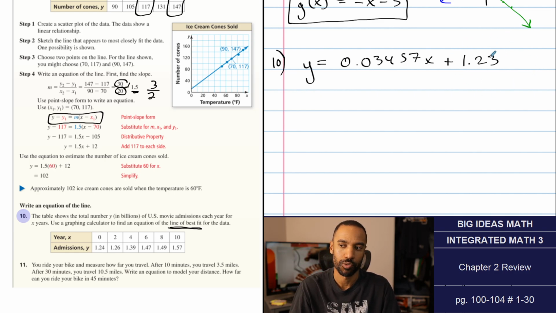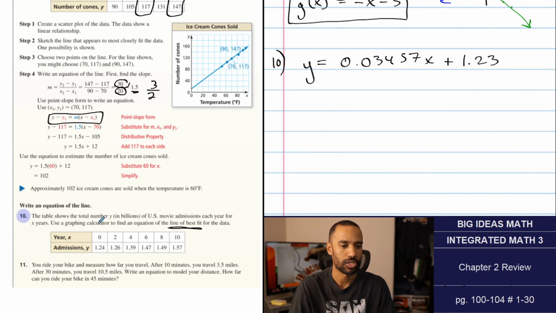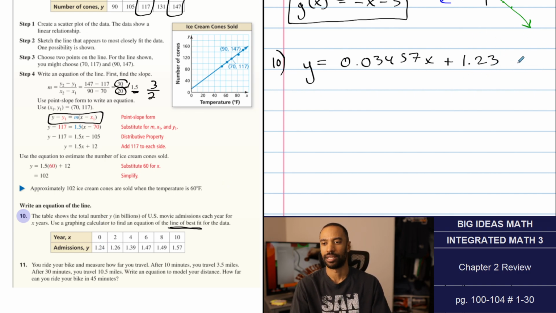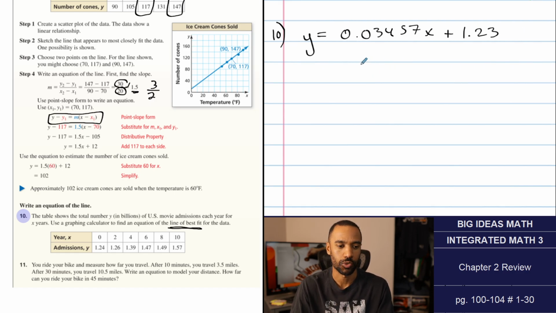The y-intercept would indicate that at year 0, which isn't the exact value because we have 1.24 instead of 1.23, the model predicts that at year 0, when we started tracking, there were still 1.23 billion admissions in that year, so to speak. Anyway, that's a lot of the different things we can do on those.